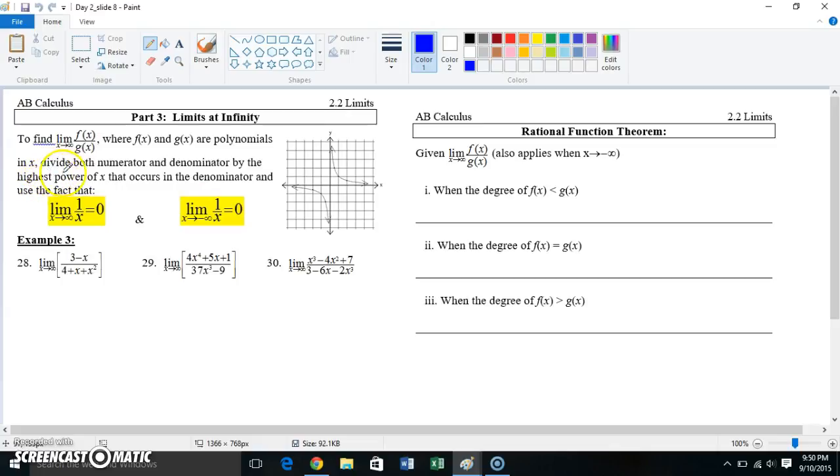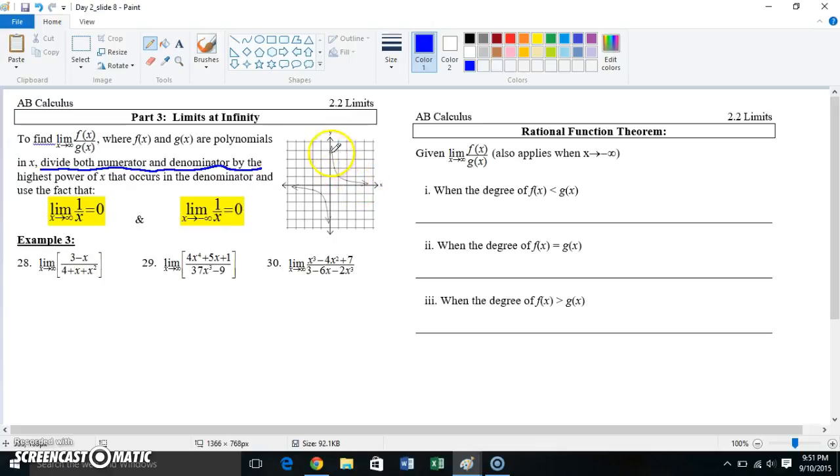The method they're suggesting is that we divide both the numerator and denominator by the highest power of x that occurs in the denominator, and use the fact that the limit of 1 over x as x approaches infinity is 0, and the fact that the limit of 1 over x as x approaches negative infinity is 0.